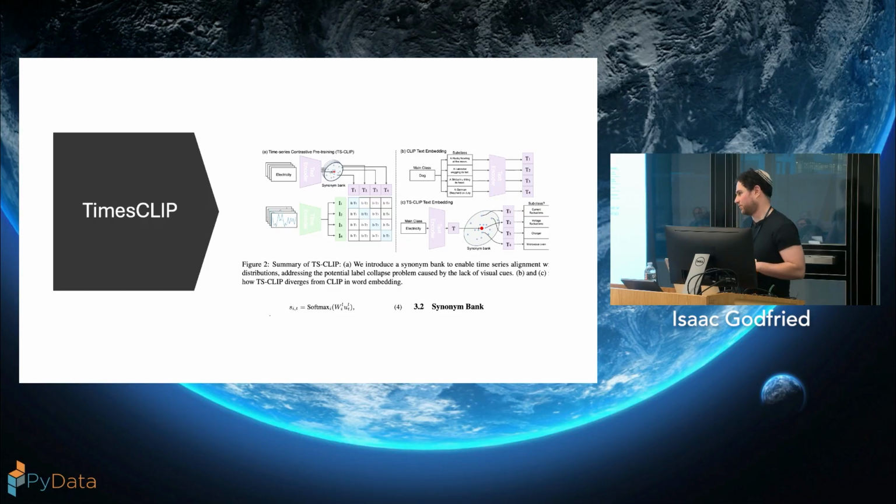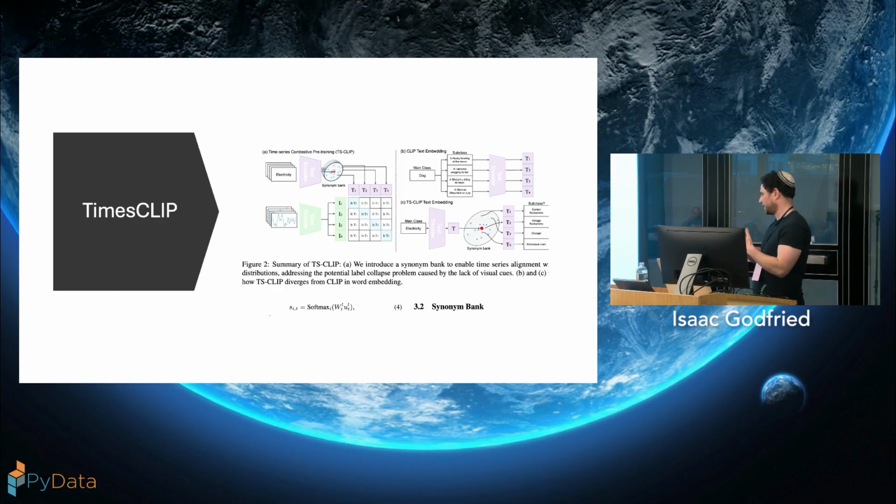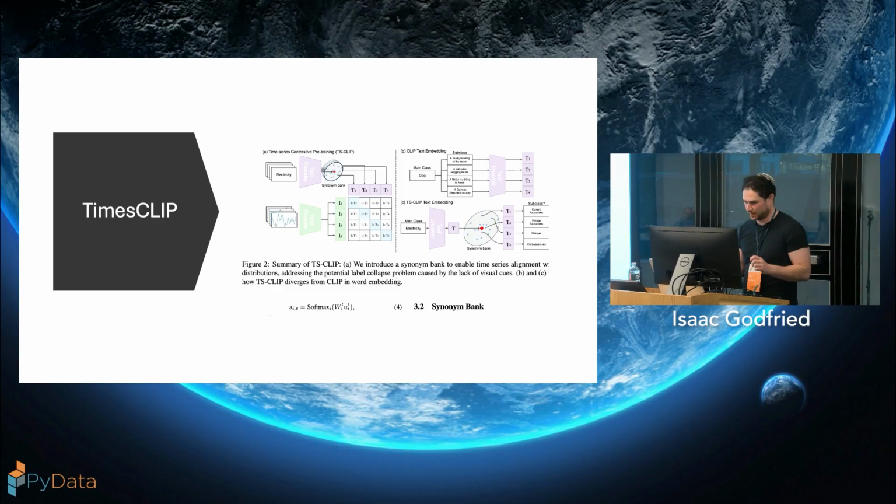So the main idea is that, for instance, if you had time series of different machines operating, and you had one where it failed, you could have a similar type of retrieval where the text for a failing machine would have a high cosine similarity with the actual time series embedding for a failing machine.